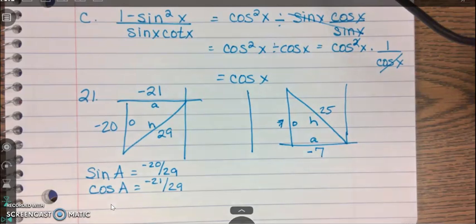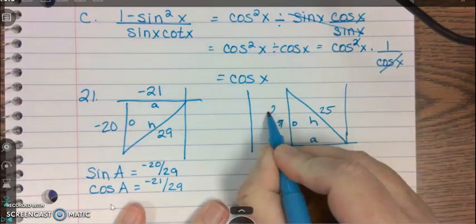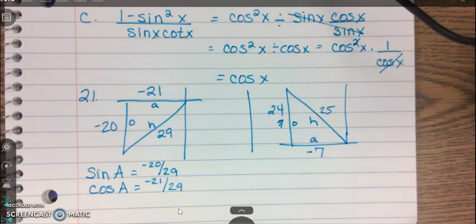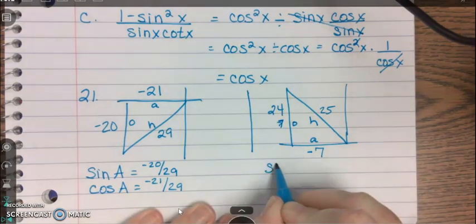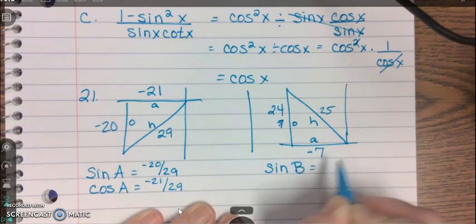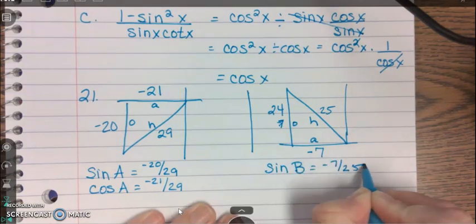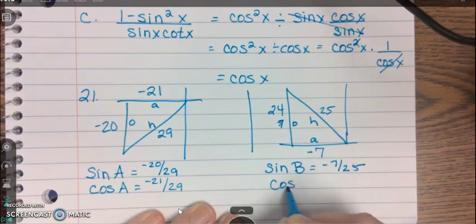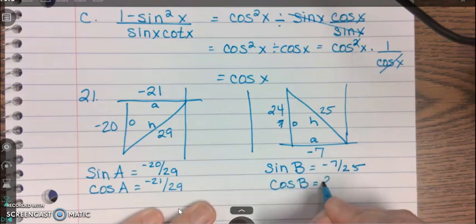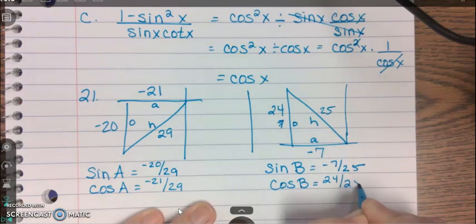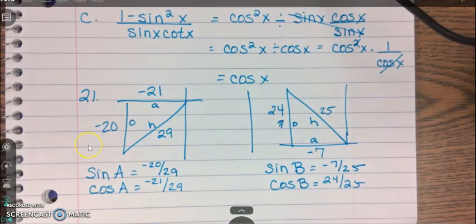I think it's 24. Yeah. So 24 goes here, using the Pythagorean theorem. Okay, so sine of b is negative 7 over 25, and cosine of b is 24 over 25.